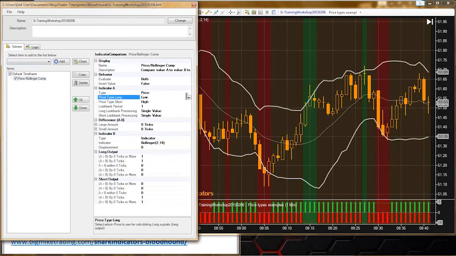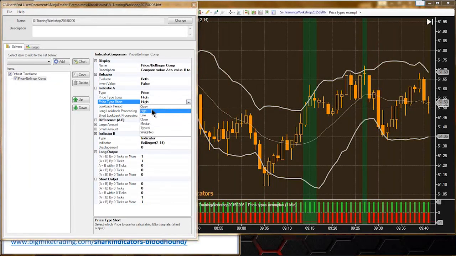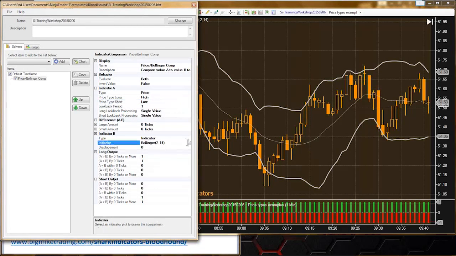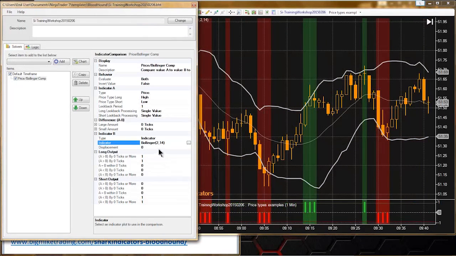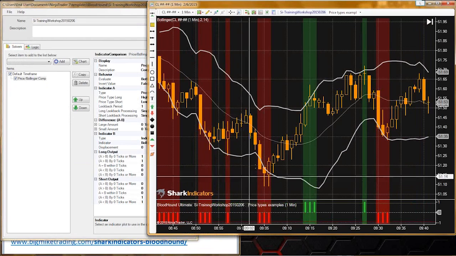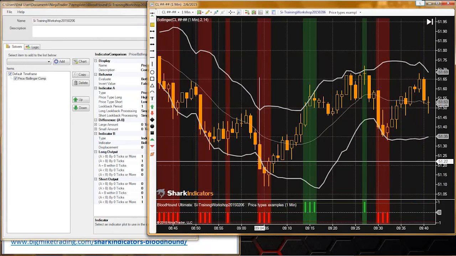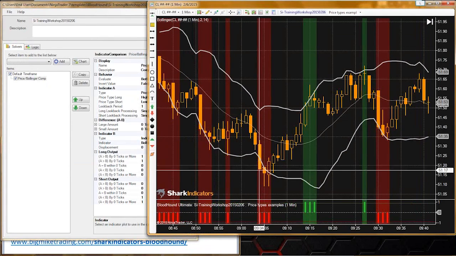I'm going to change my mind and reverse the prices here, and I also need to flip that. There we go. Okay, so now this is a little visually easier to understand.